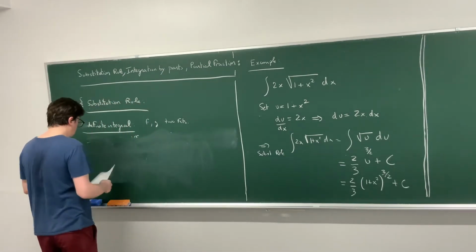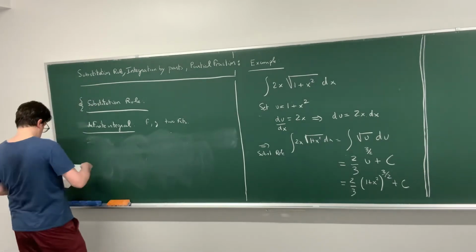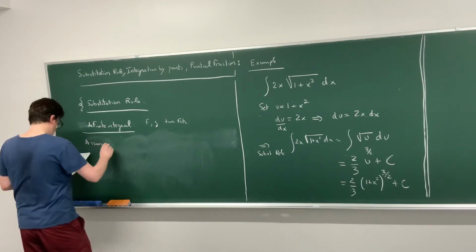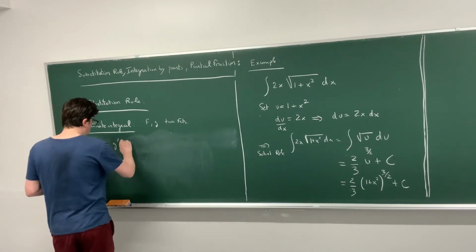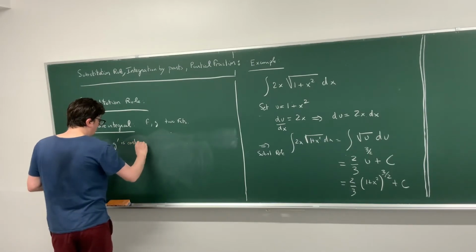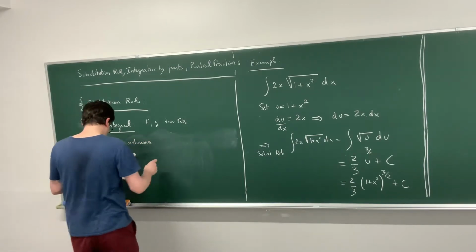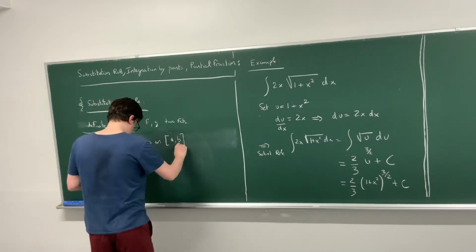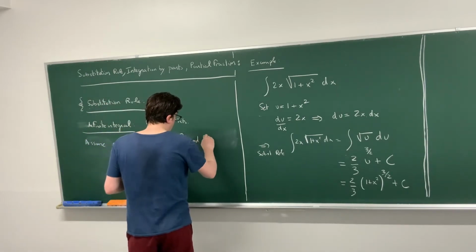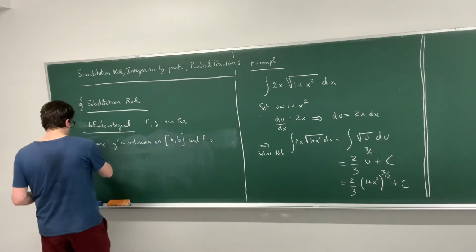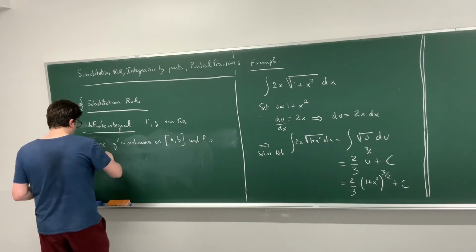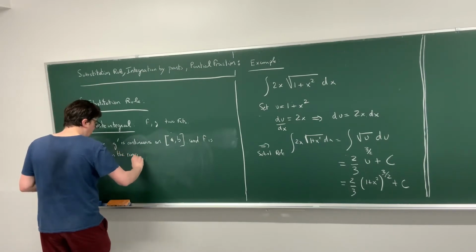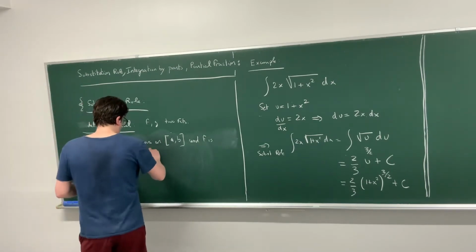So we will assume that g prime is continuous on some closed interval [a,b], and f is also continuous on the range of g.